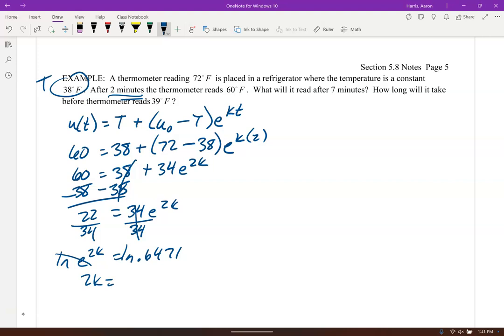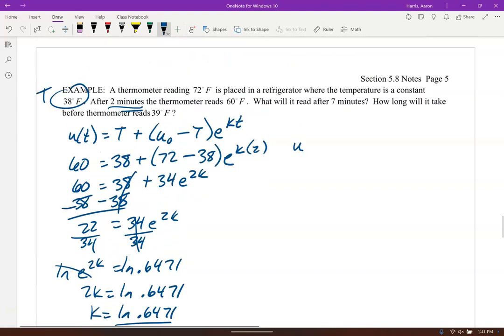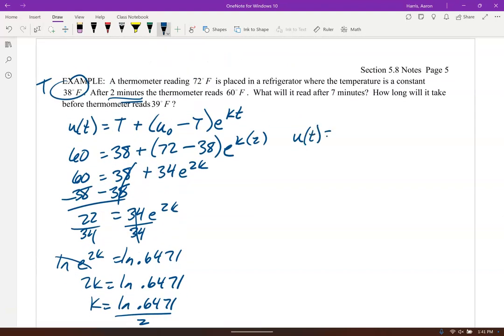So 2k equals ln 0.6471, divided by 2. And so our k is approximately negative 0.2177. So now we've got the equation here. The surrounding medium, the refrigerator, is 38 degrees. The thermometer was 72 degrees initially. And now we've got the k, negative 0.2177 t.